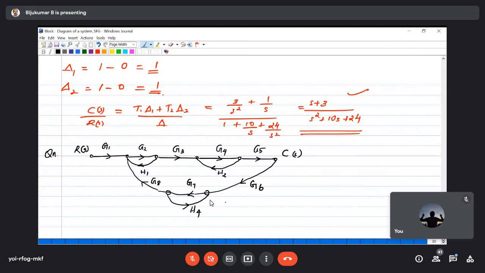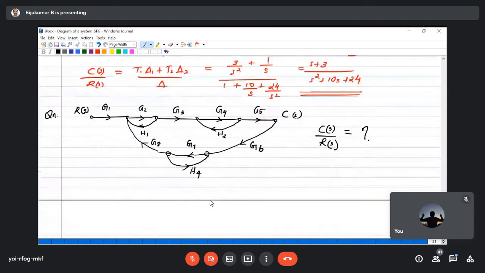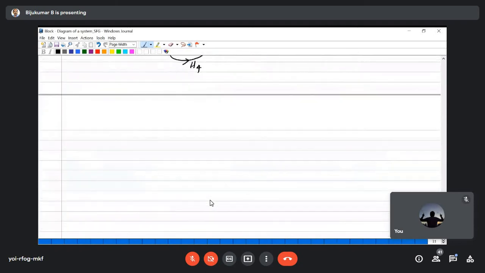So this is the signal for which we have to find C(s) by R(s). So how do we find it? The first step is to identify the forward path.